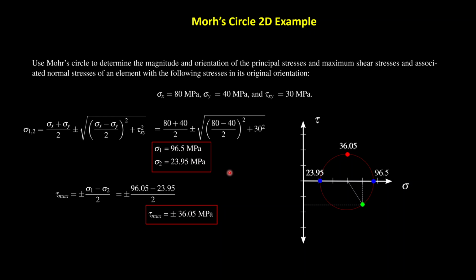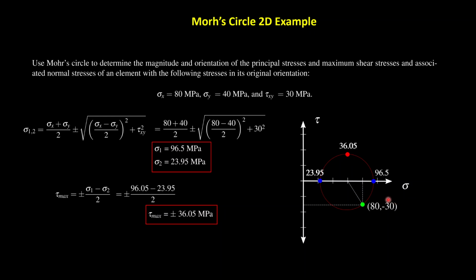Another value that we need to remember is this one. Besides knowing the values of these stresses, we have to know how I need to orient my planar element to get to the principal stresses and to get to the shear stresses.